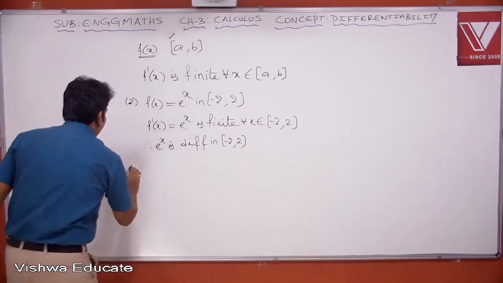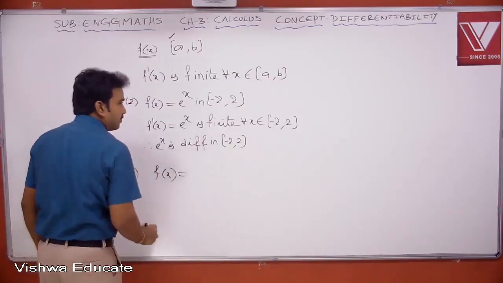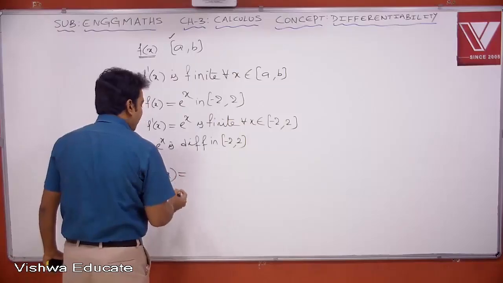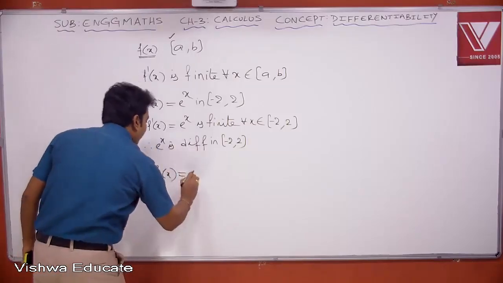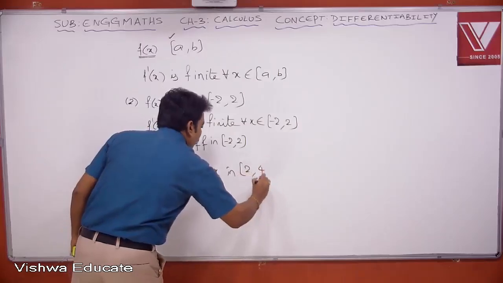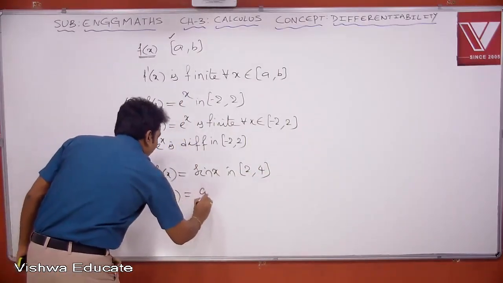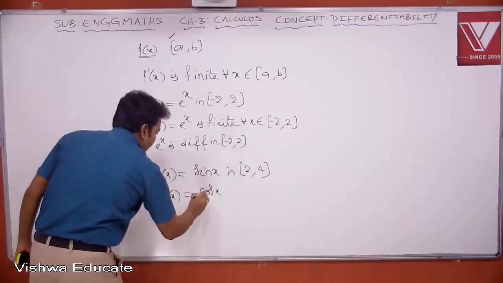Now example 3. Suppose f of x equal to sin x in the domain closed interval 2 comma 4. Now what is the derivative of this? The derivative of this is cos x.